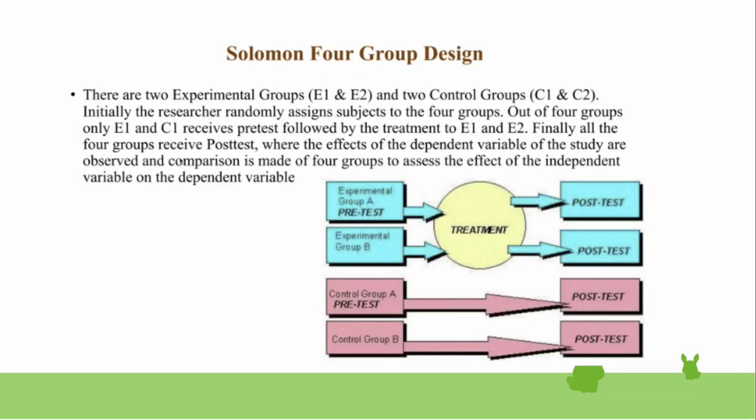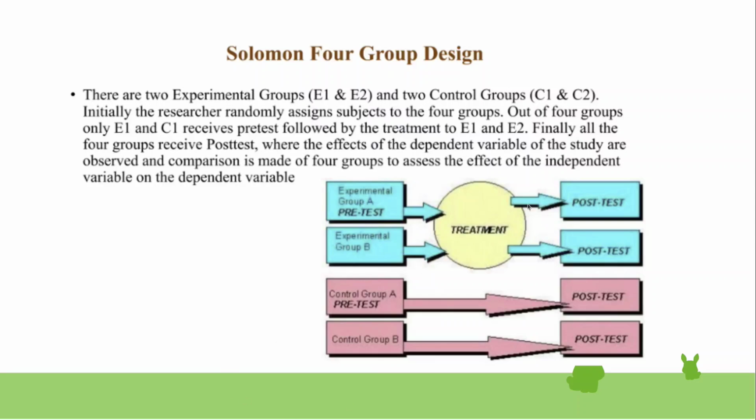Finally, all the four groups receive the post-test, where the effects on the dependent variable of the study are observed. How the dependent variable changes is observed and compared across the four groups to assess the effect of the independent variable on the dependent variable. The two experimental groups get treatment and a post-test.